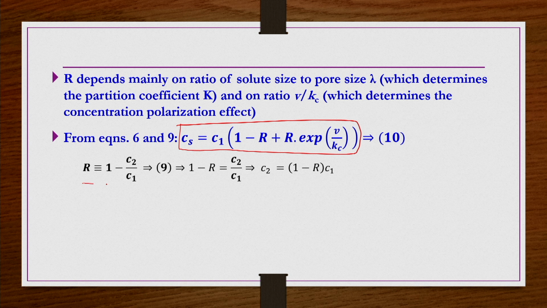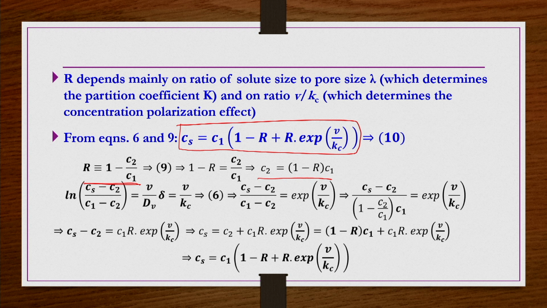Equation 9, which we just saw, is R equals 1 minus C2 by C1. So from here 1 minus R equals C2 by C1, or C2 equals (1 minus R) multiplied by C1. And equation number 6 we have already derived: ln of (Cs minus C2) by (C1 minus C2) equals V by Kc.